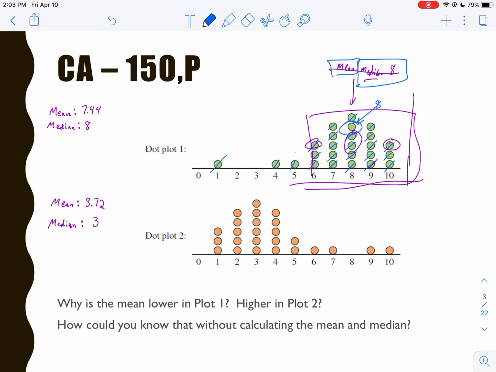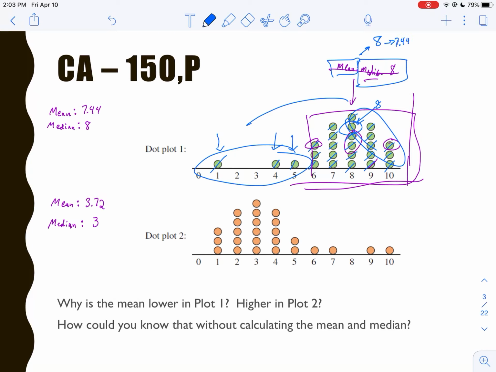Then they all ate 8 chicken nuggets, okay? But what's going to happen when I throw in these people who only ate 1 chicken nugget or 4 or 5? Do you see that it's going to take away from these to even out? And that's really going to affect my mean. My mean is going to drop quite a bit.